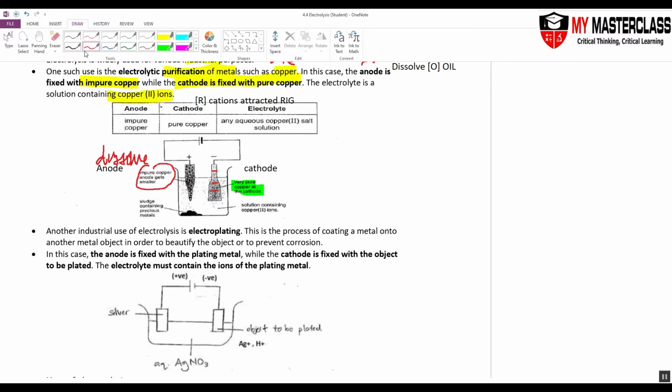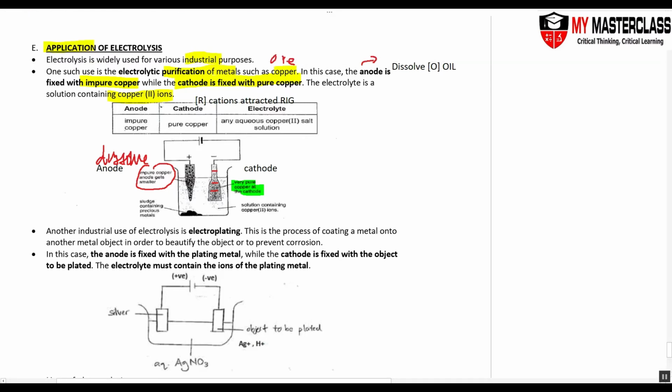What is really happening is that only the pure copper parts of the impure copper get oxidized. The copper metal will dissolve to form Cu2+ ions. On this side you are losing electrons, and when you lose electrons, it is oxidation.